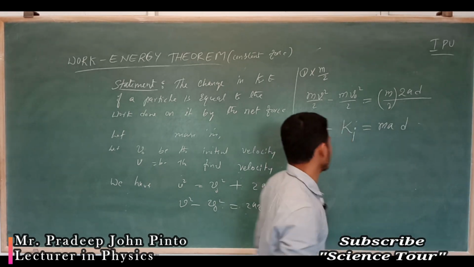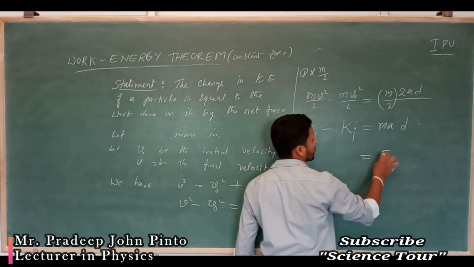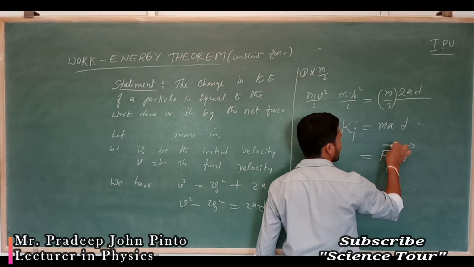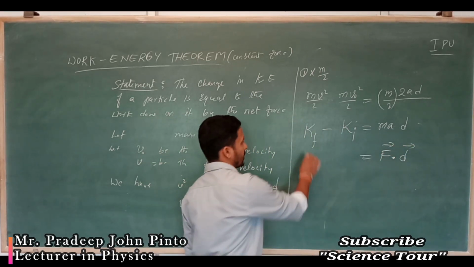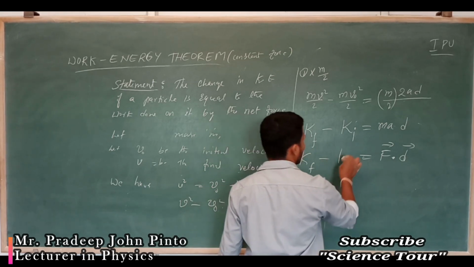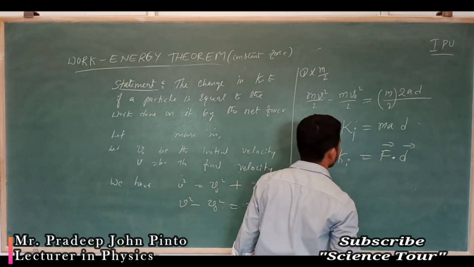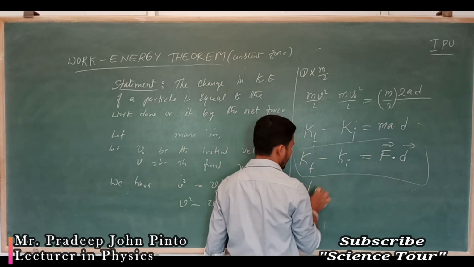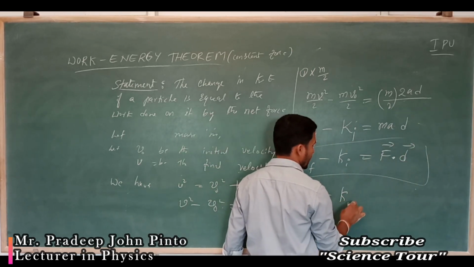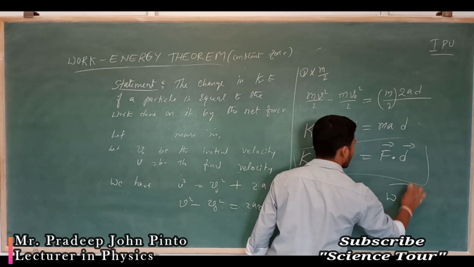Now ma is nothing but force, isn't it? And displacement, so you can write it in vector form, because F dot d is a scalar, and kinetic energy is a scalar quantity. So the quantity you get is F dot d, which is Kf minus Ki, and F dot d is nothing but work.